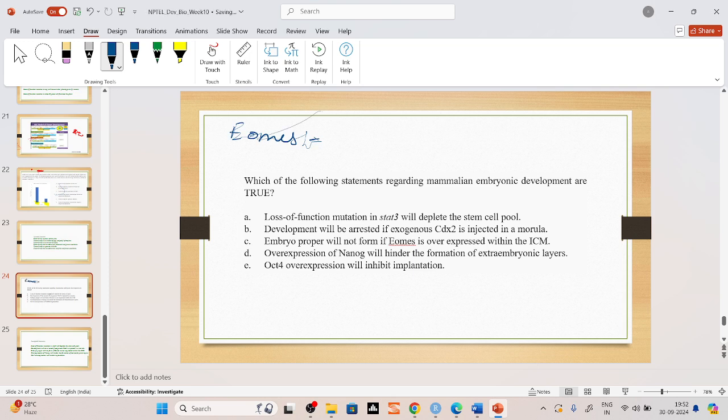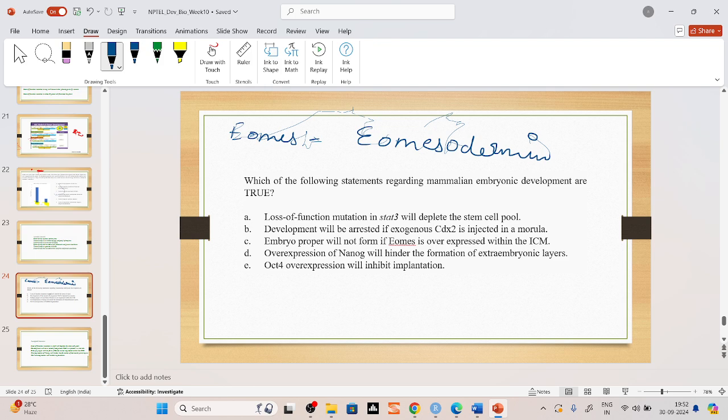EOMES means eomesodermin. So the option says proper embryo will not form if EOMES is overexpressed within the inner cell mass. True, because EOMES is responsible for trophoblast development.